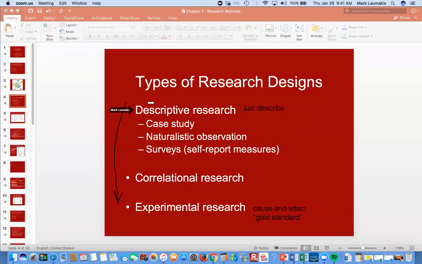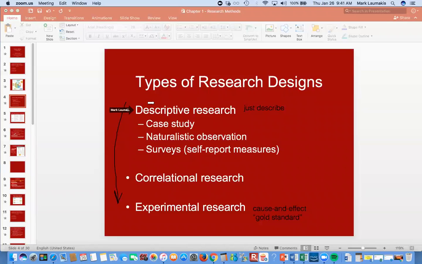If I went over and sat near Hepner Hall today and counted the number of people who walked by wearing SDSU sweatshirts today, that would be descriptive research, okay? I'm just describing what's going on, okay? All the statistics in baseball, batting averages and earned run averages and all that, it's descriptive. It's just describing, right? It's not manipulating.